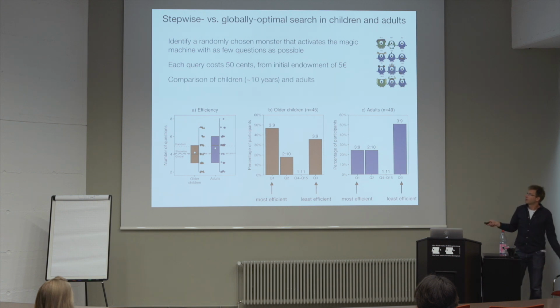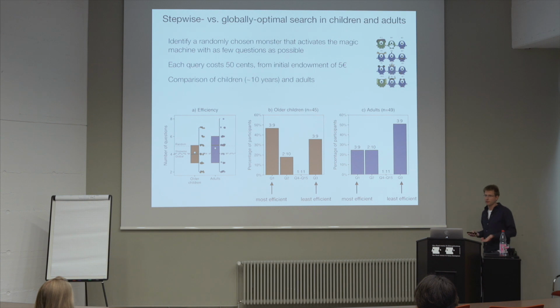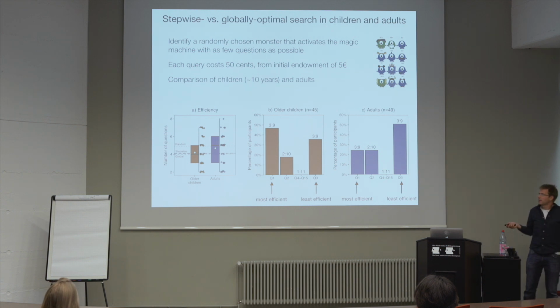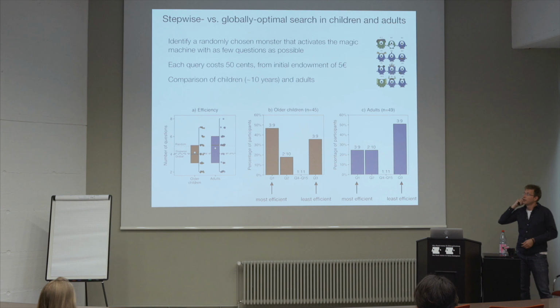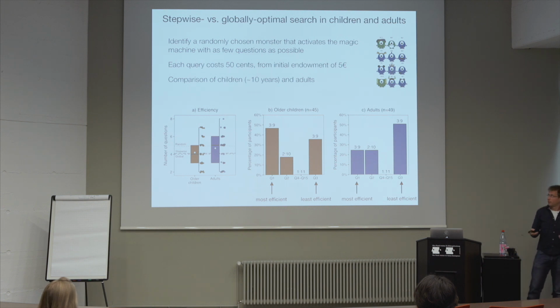As you can see, there's a strong tendency to choose a question that induces a 3 to 9 split, which has the highest stepwise information gain, but we see essentially no difference between those two questions. Although this one is much less efficient than this one, both children and adults seem to be indifferent between those two questions.